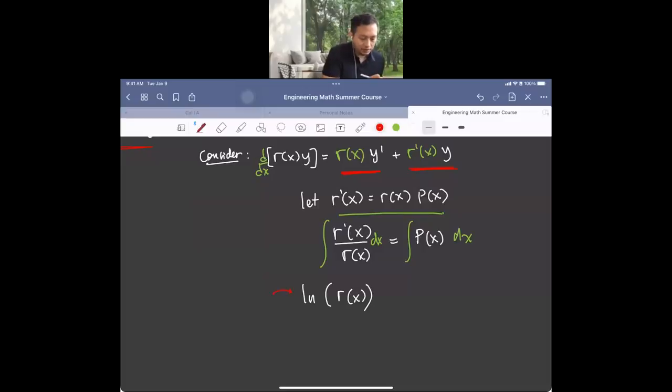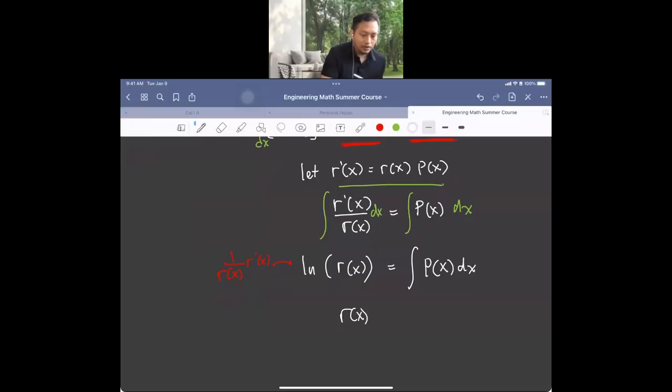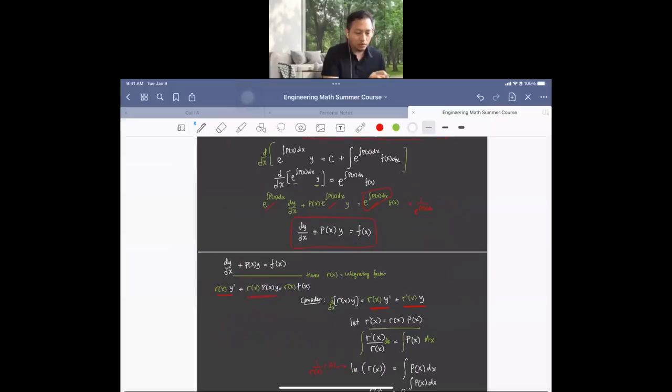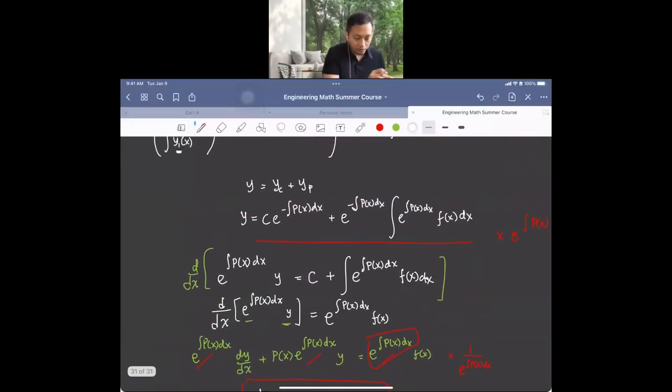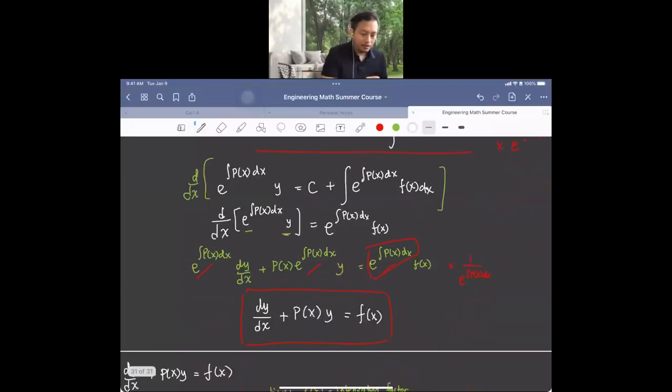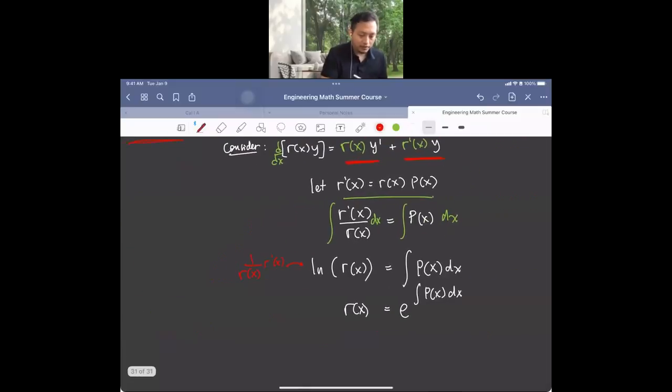Just imagine that if you differentiate ln, it will be 1 over r(x), and by the chain rule, r prime(x). That's correct. Then we keep the right part as the integral of p, and then r(x) is actually e to that, since ln becomes e when you rewrite the form. Remember, this e is similar to what I tried to prove earlier. This is the same. So we call this the integrating factor.